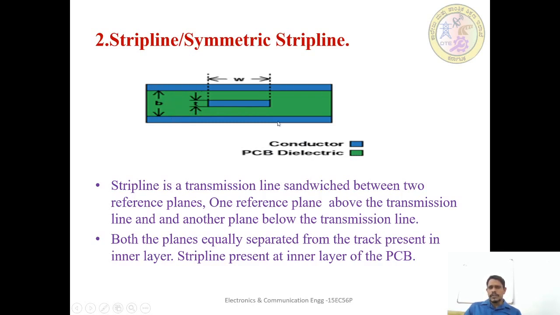The outer blue colors represent the reference planes. Strip line is a transmission line sandwiched between two reference planes, one above the transmission line and another below it. Both planes are equally separated from the track present in the inner layer. Strip line is present at the inner layer of the PCB.